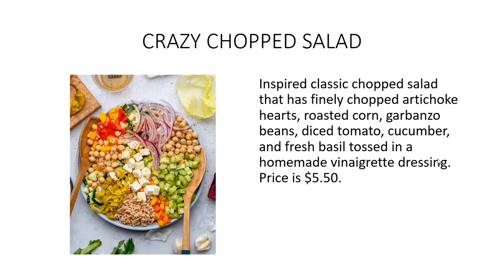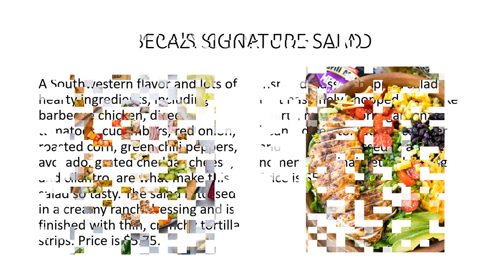As it just did. And again, if you were reading this, you'd want to have time to read: inspired classic chopped salad that is finely chopped artichoke hearts, roasted corn, garbanzo beans, diced tomato, cucumber, and fresh basil tossed in a homemade vinaigrette dressing. Price is $5.50.